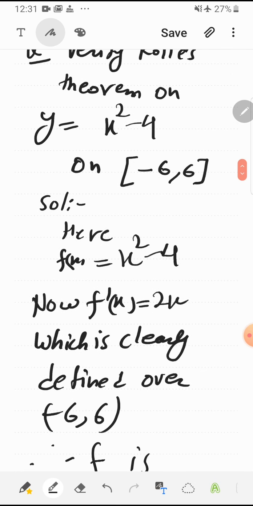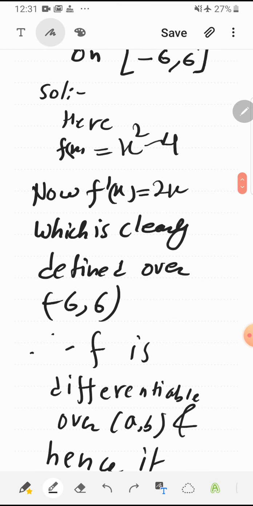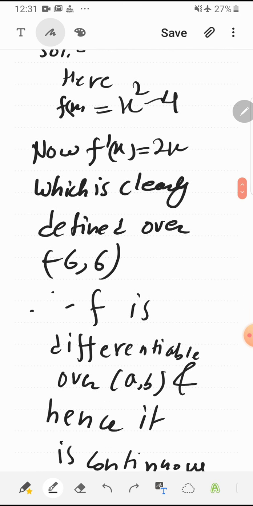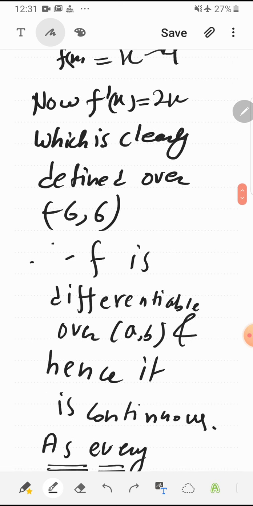That means there is no point in the interval minus 6 comma 6 which is making this derivative not defined. So clearly it is defined on every point, so it exists. That means f is differentiable over open interval a comma b, or interval minus 6 comma 6, and hence it is continuous. Students, this is very very important.